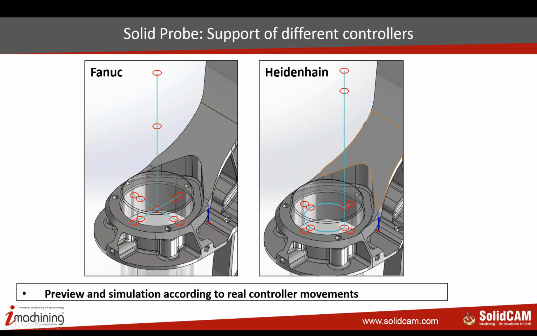For example, on a Fanuc machine, the probe always will come back to the center, touch the part, back to the center, touch the part again. But for Heidenhain, from point to next point, it will go on an offset tool path, offset to the geometry, so it will never reach the center point. In SolidCAM, in SolidProbe, depending on the controller that we define in the machine ID, we will show a different preview.